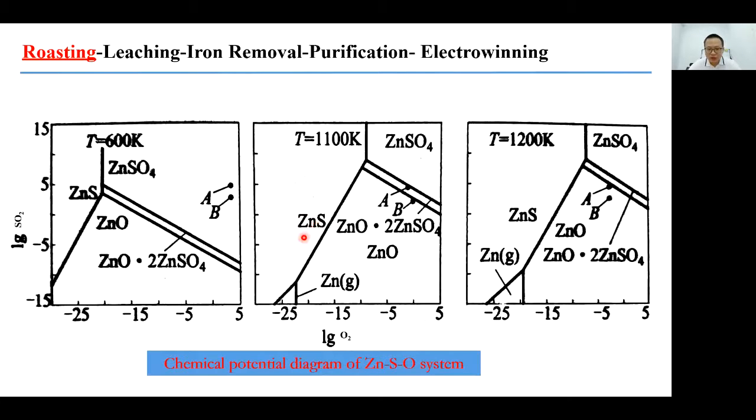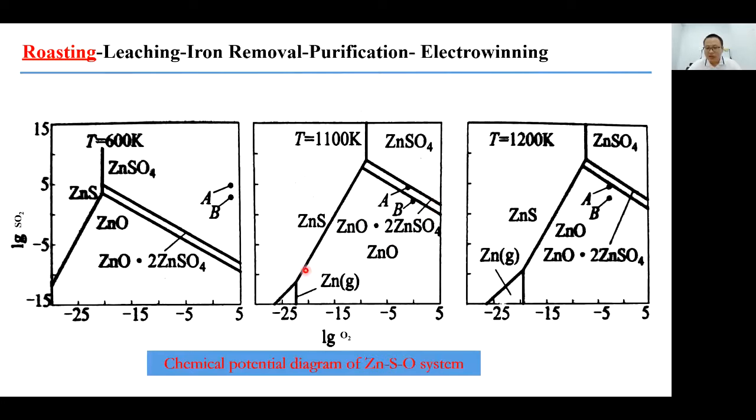Once we increase the oxygen partial pressure by roasting, we are supplying oxygen into the system, so this one will be oxidized and we get zinc oxide. So sulfur can be efficiently removed. But along with the increase of the oxygen partial pressure, the zinc oxide will transfer to basic sulfate, even zinc sulfate.